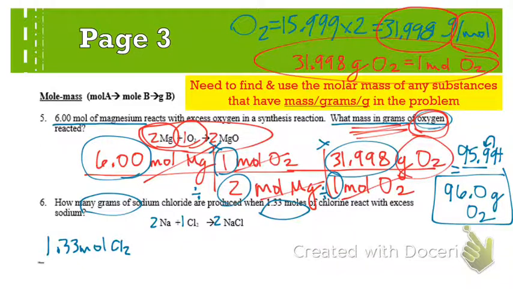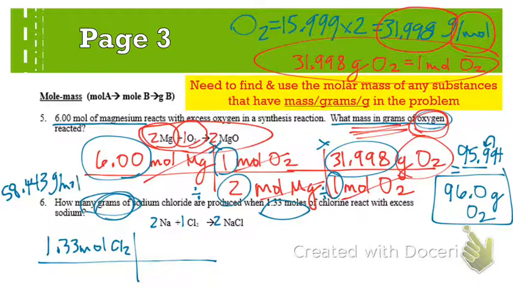When I have moles of chlorine, I know I want grams of sodium chloride. If I add up Na and Cl, then that's 58.443 grams per mole. But I'm not quite ready to do that equation yet, because I'll do it in a different color.